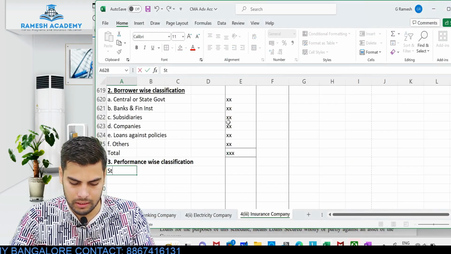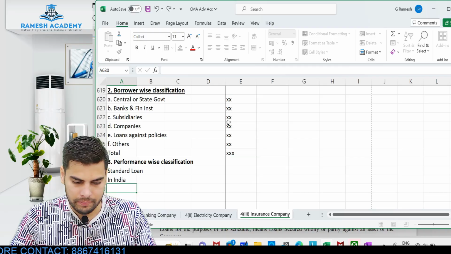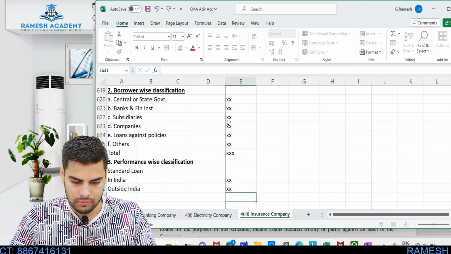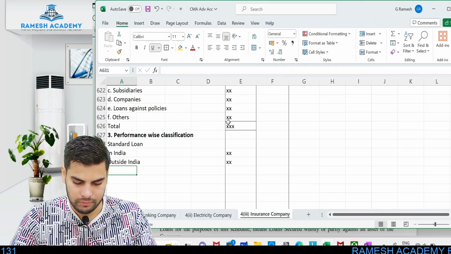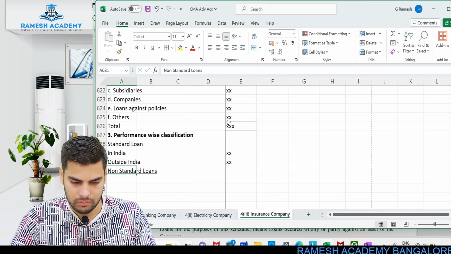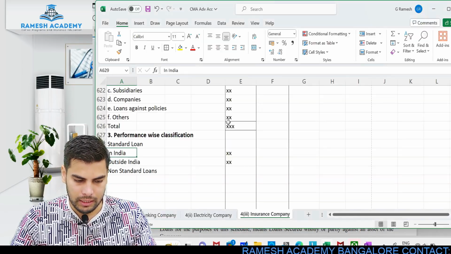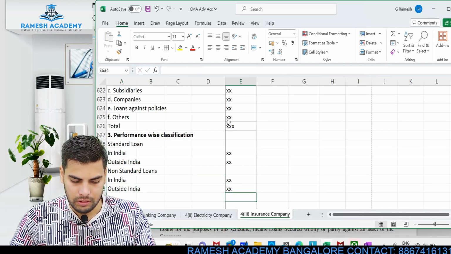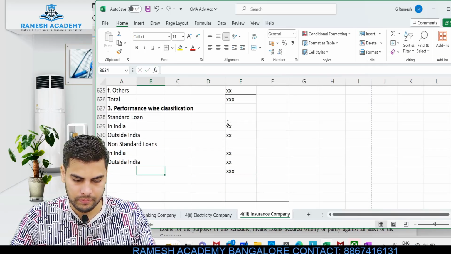So standard loans in India and outside India, and then you will be showing non-standard loans. Non-standard loans, again the same thing, in India and outside India. That's all with respect to performance wise classification.